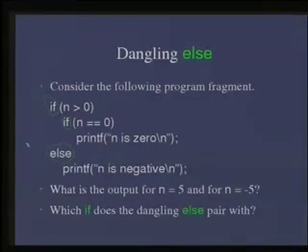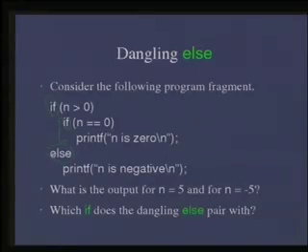Let's consider first n equal to 5, and let's assume that this else is paired with this if. So if that happens, what happens? The condition n greater than 0 is evaluated, which of course evaluates to true, and then this statement gets executed, and since n is not equal to 0, nothing is printed.